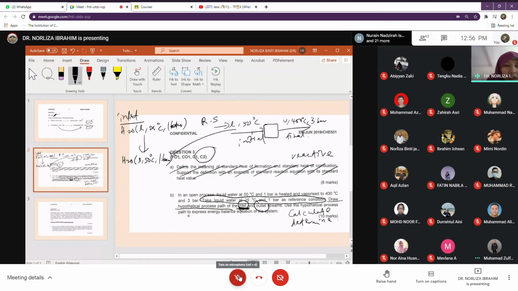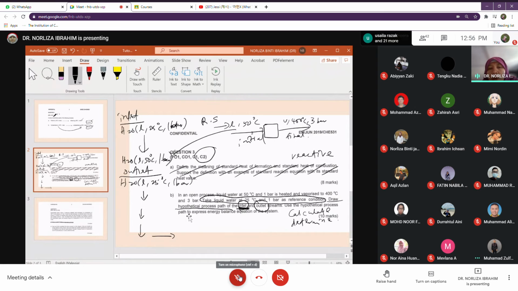So you must mention here: outlet. You start from the reference state, liquid 25 degrees C, 1 bar, and you have those 4 steps. So you have to split the hypothetical path for inlet and outlet. You cannot combine the two together because you have a specific reference state.